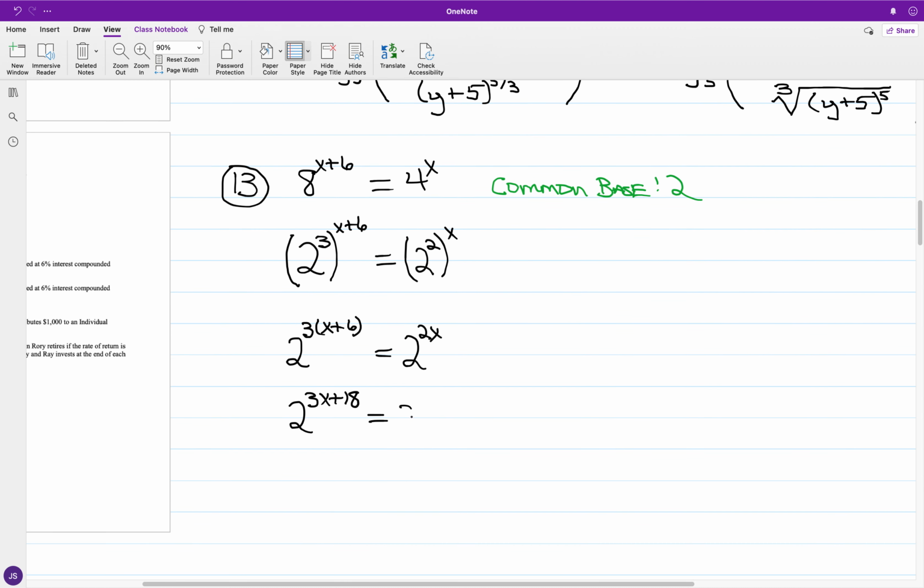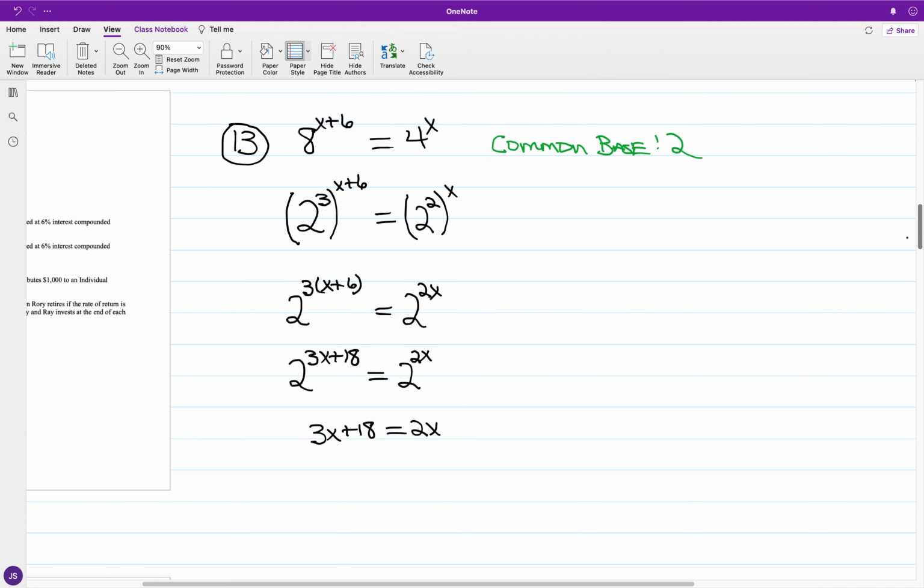Now we have single base 2 terms, whereupon we have 2 to the 3x plus 18 is equal to 2 to the 2x. If we've got single terms and they both have the same exponential base, we can now set the powers equal to each other. So we have 3x plus 18 is equal to 2x. In x, we have the term by itself to be 2x, and I can join this with 3x upon taking 3x away from both sides.